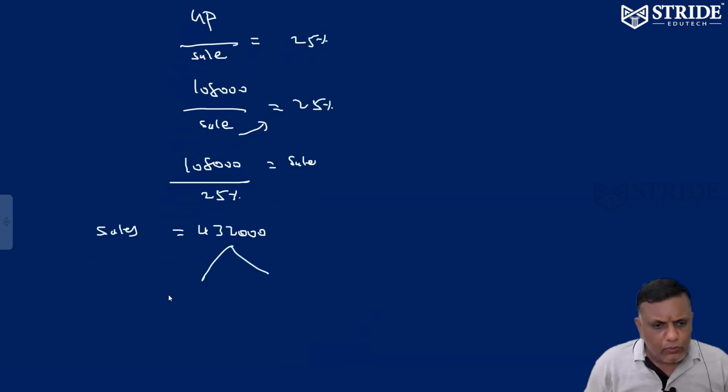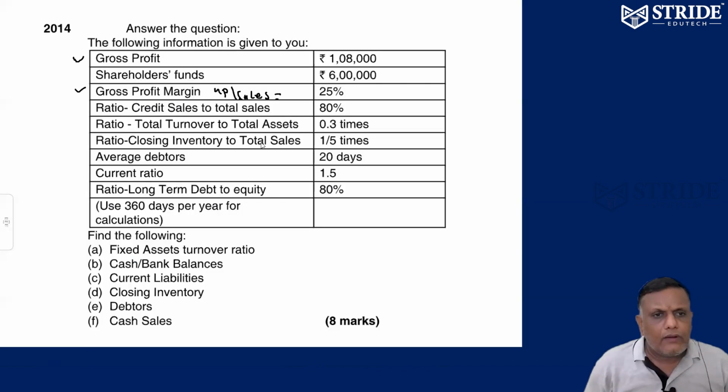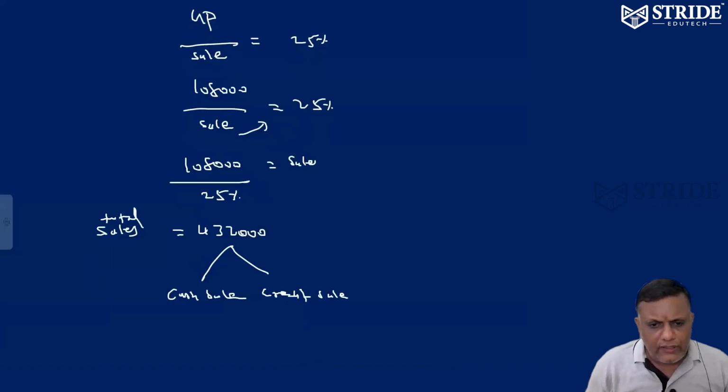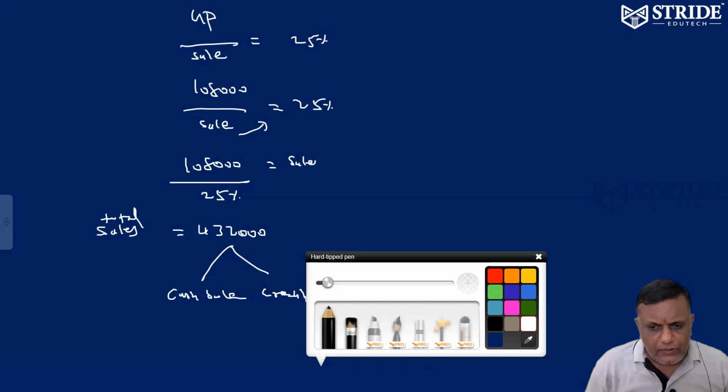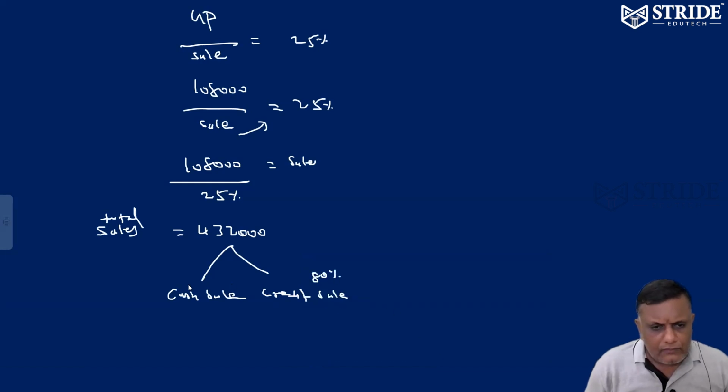Out of sales, one is cash sales and another one is credit sales. This is total sales. Let's go with 80% of total sales is equal to credit sales. See the fourth line: credit sale by total sale equal to 80%, which means out of total sale, credit sale is 80%. Then the balance 20% is cash sales.